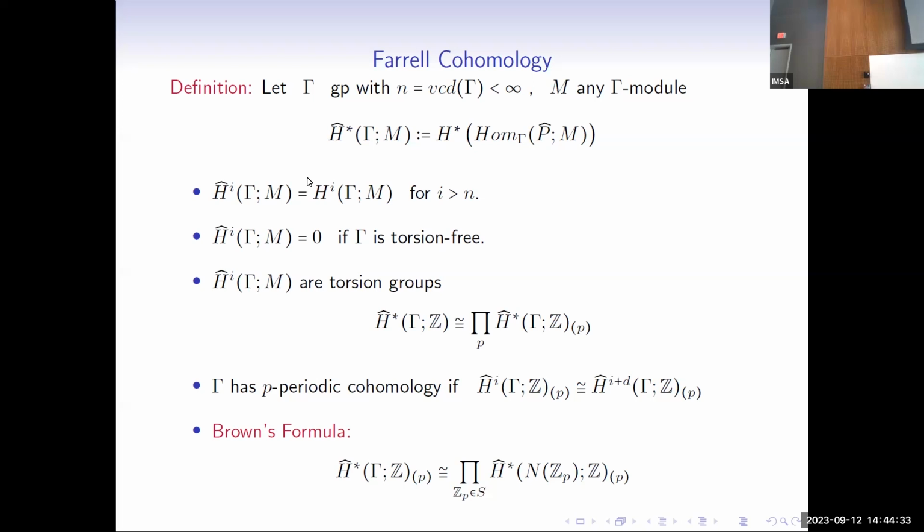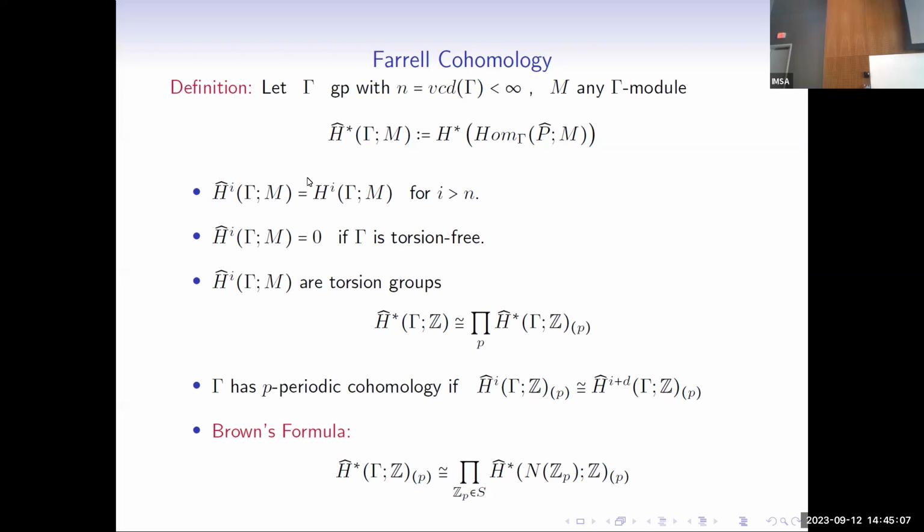And the cohomological dimension of such a torsion-free subgroup is by definition the virtual cohomological dimension of the group, right? So one defines Farrell cohomology of such groups as a kind of generalization of the Tate cohomology for finite groups. So we do this by using a complete resolution for these groups.